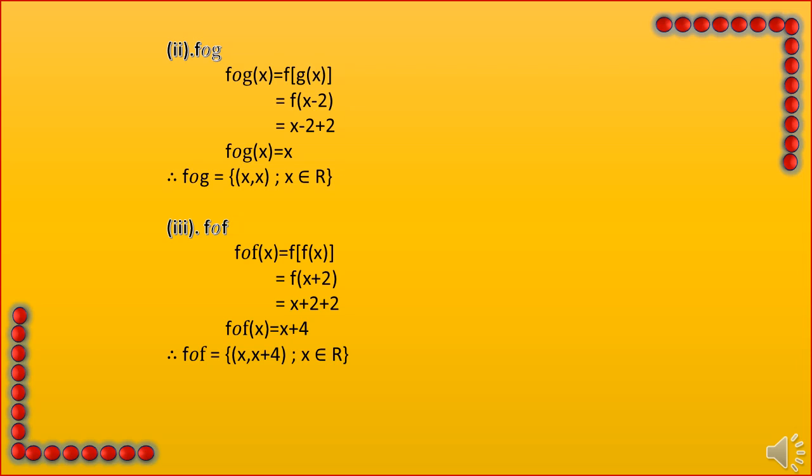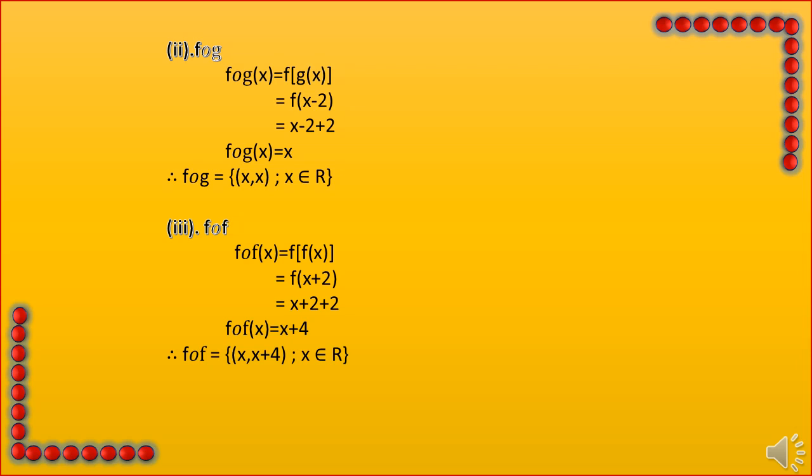Here minus 2 plus 2 cancel, we will have only x. Therefore, f composition g is equal to {(x, x)} for all x belongs to capital R.